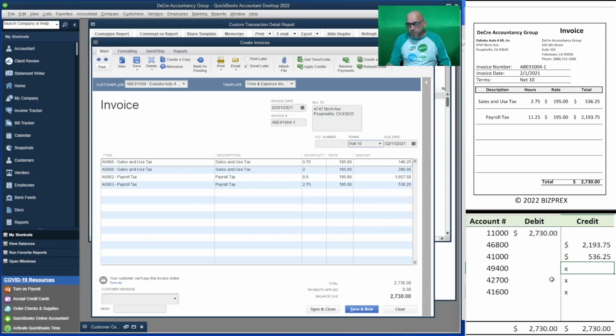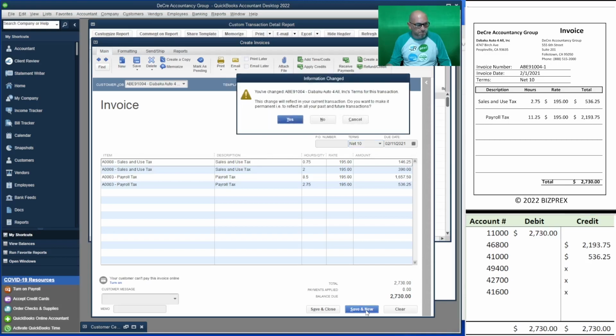Again, that's the mapping. We map it to the 41,000 account. Revenue goes up when credited, and all of this goes to accounts receivable, right? So right now, accounts receivable is an asset. It's not cash, but we will gradually convert it into cash as we deposit it, right? Anyway, debits and credits are in balance. Let's go ahead and book it. Save and new.